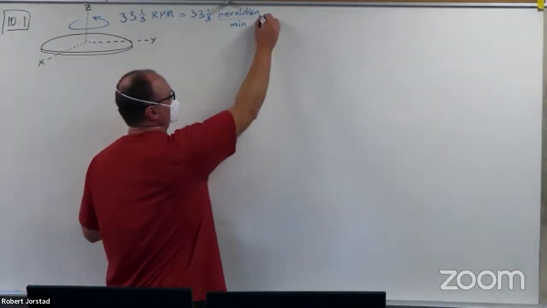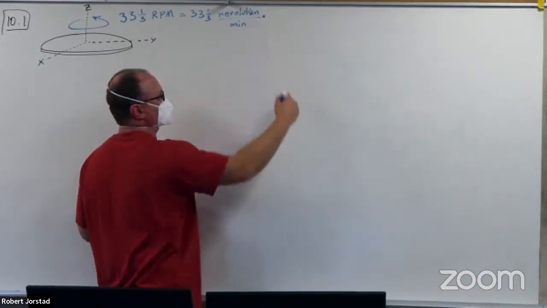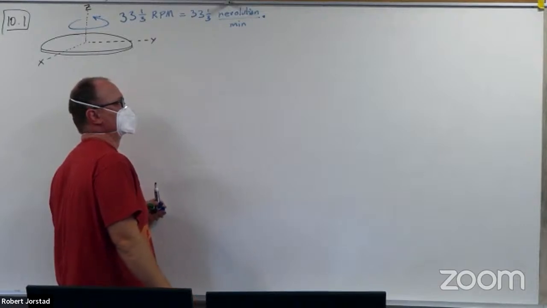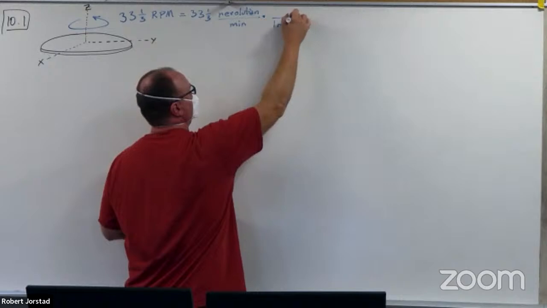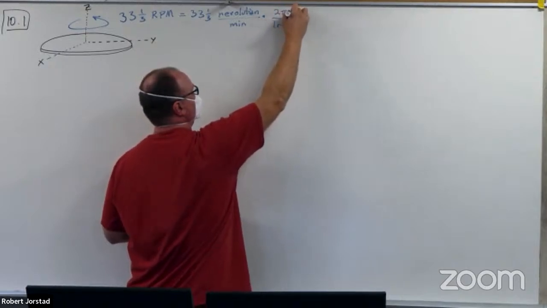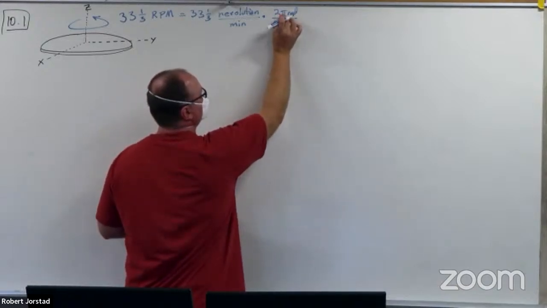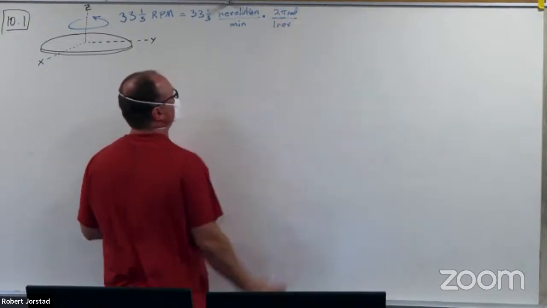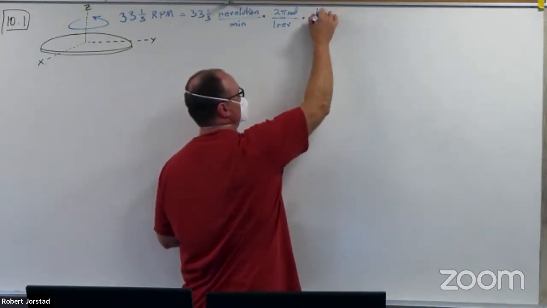So what's the conversion factor? 1 revolution in radians. What is it? Yep, 1 rev, 2 pi radians. One minute, 60 seconds.